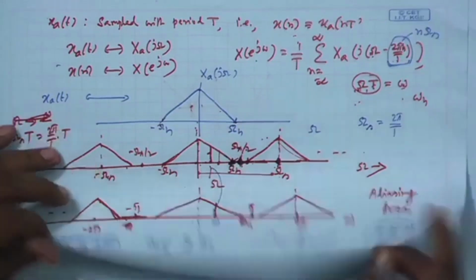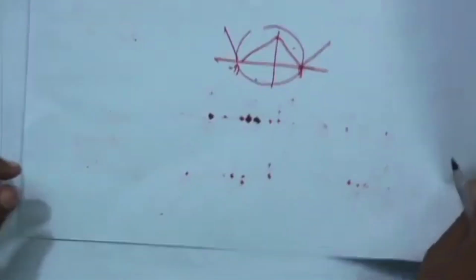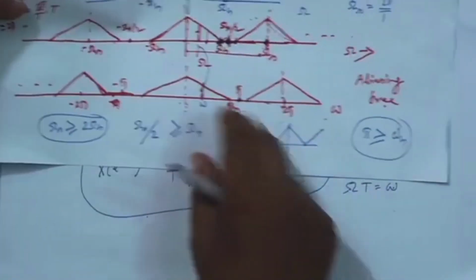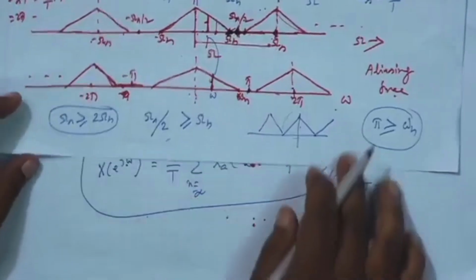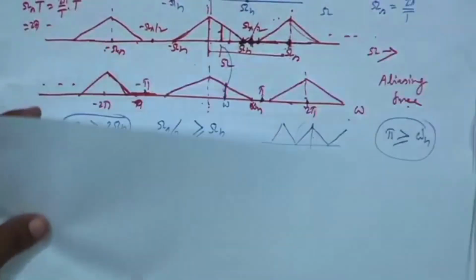On the other hand, suppose this is not satisfied, so what will happen is an aliasing.